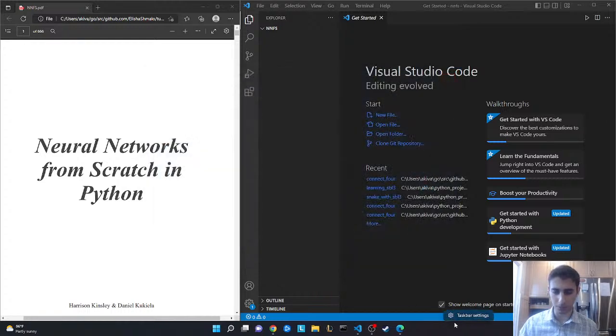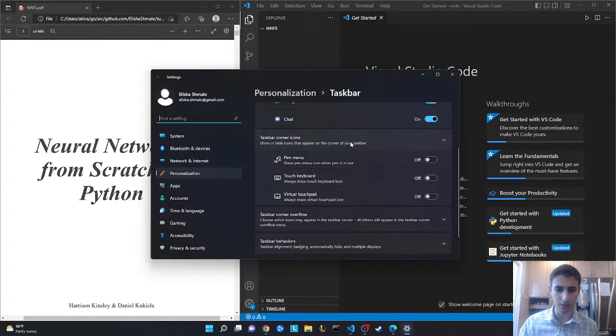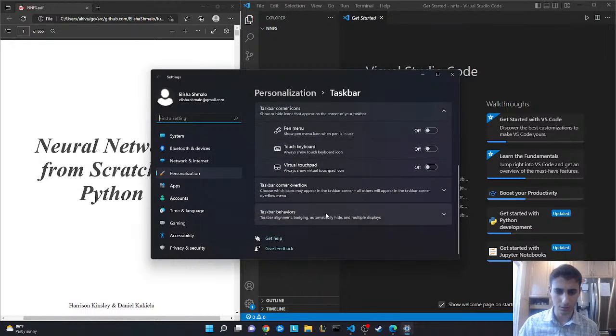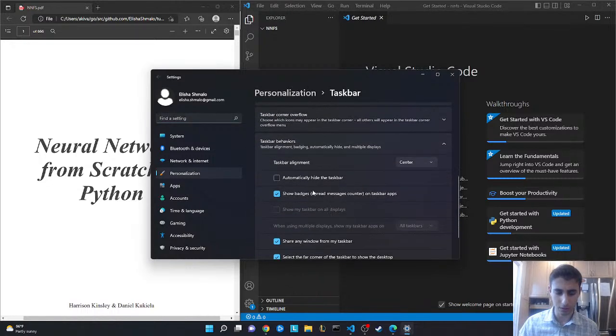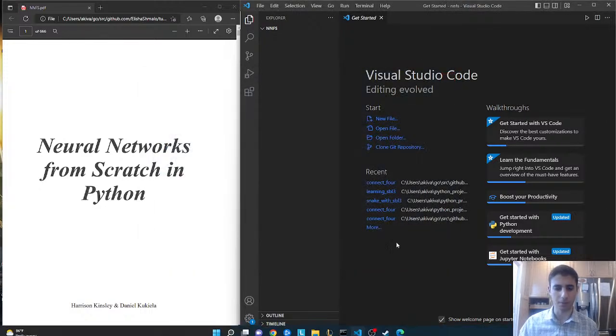My computer updated to Windows 11, and there used to be a nice little taskbar hiding option when you right click the taskbar, but that's gone now, apparently. That's annoying. Taskbar behaviors, automatically hide taskbar. Great. Okay, so now the taskbar is gone. That'll make this a much nicer environment, I think, to code in.